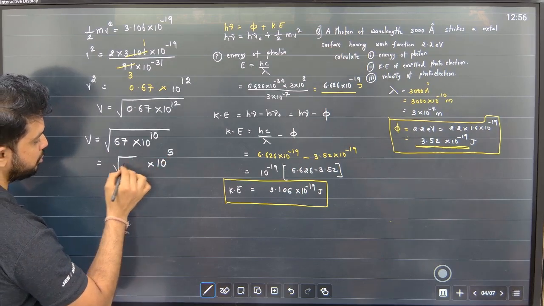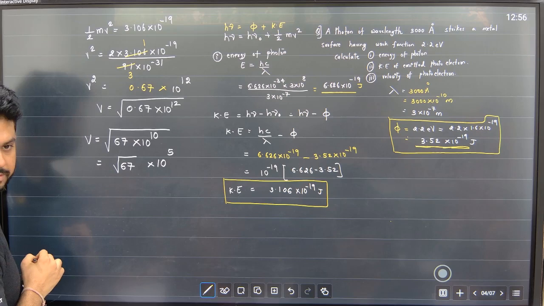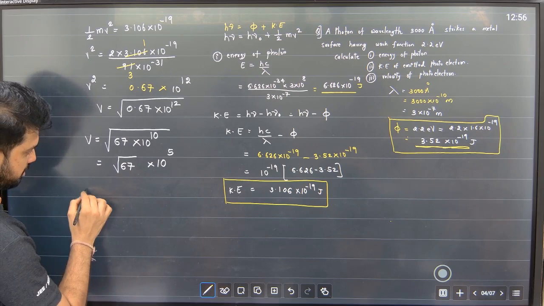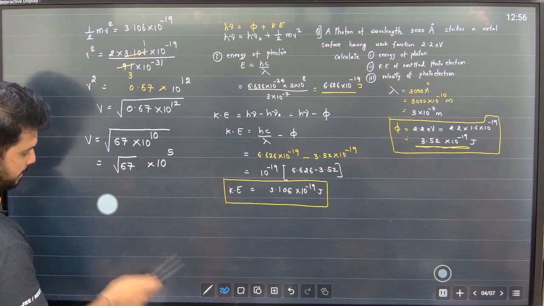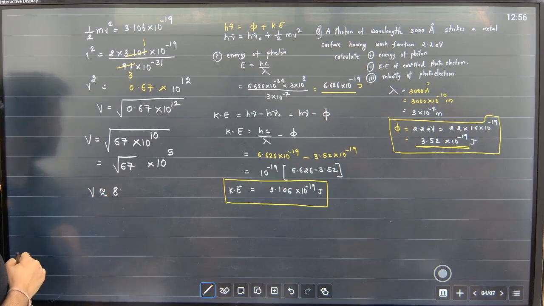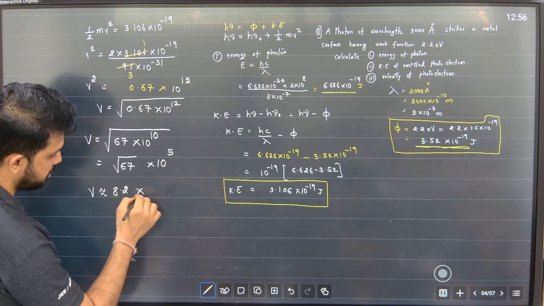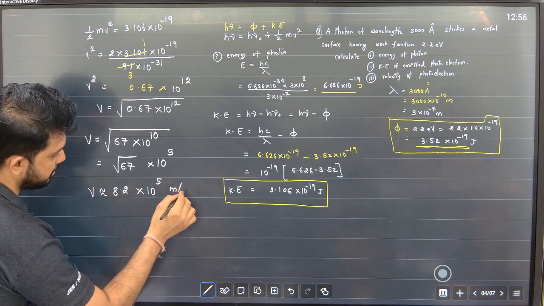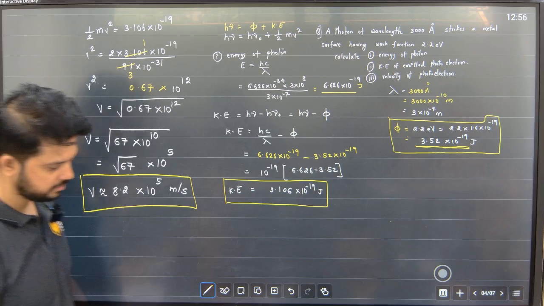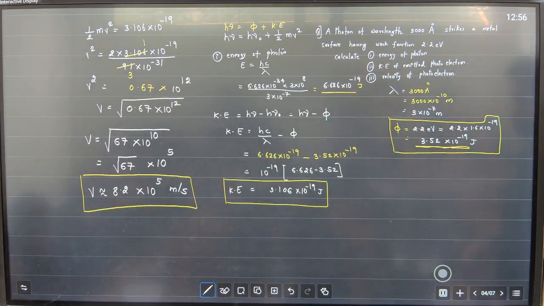We are left with root of 67, and it will be somewhere around 8, since 8 square is 64. Did you people get that? That is velocity.